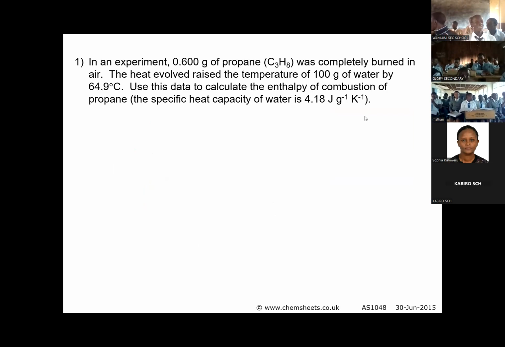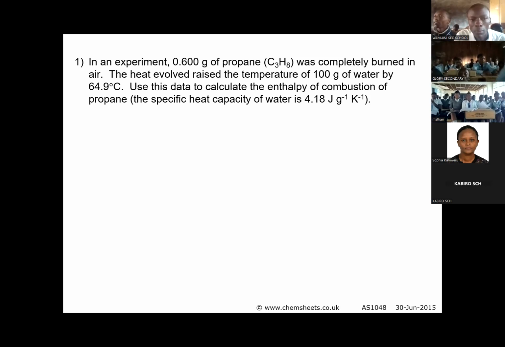All right. So here is a calculation. I'm going to give you a chance to have a go at this first, before I do it for you. I'll show you it. But I'm going to give you a chance to do it. So it says 0.600 grams of propane was completely burned in air.